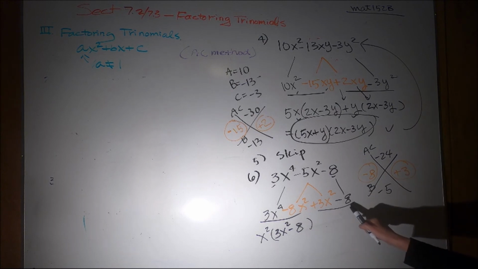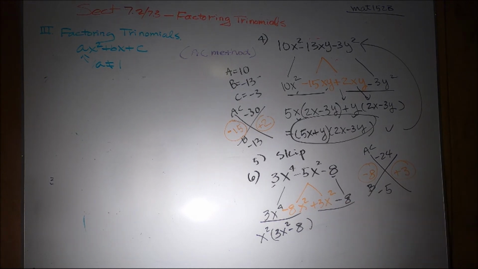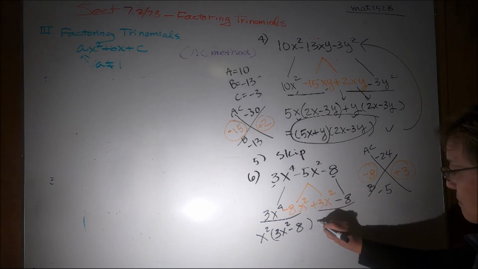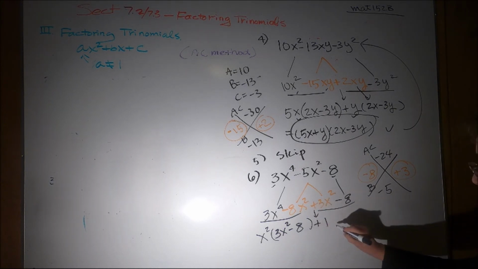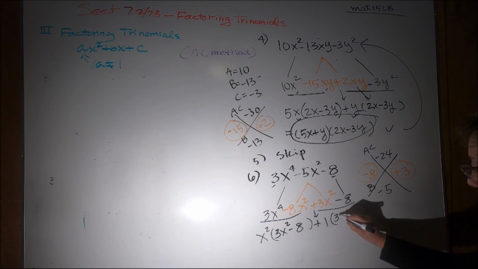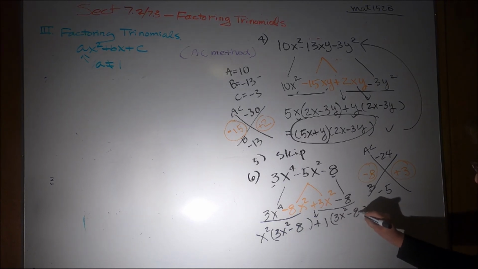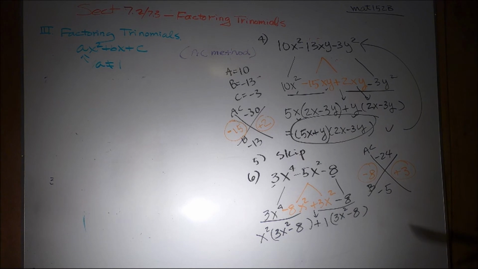For the second group, 3x squared and -8, you have nothing in common. That means what? Your GCF is 1. So with positive here. Then left is this one, right?